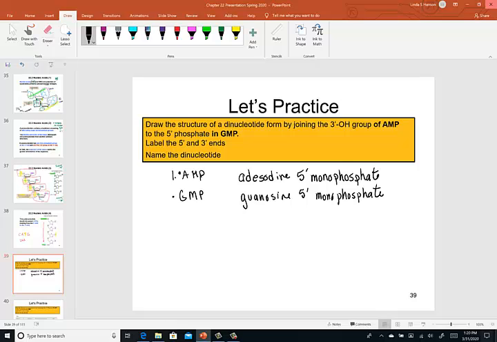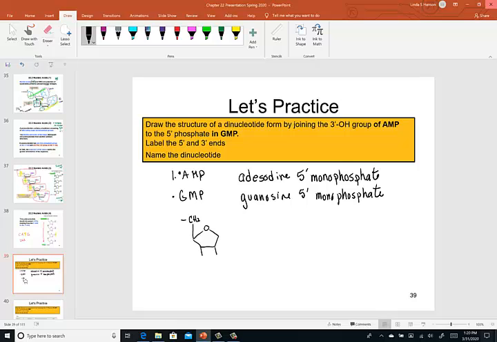So I am going to take the AMP, and let's just start by drawing the 5-carbon sugar. 1, 2, 3, 4, 5. That's a 5-sided ring, and then the 5th carbon, of course, comes out here, CH2. Now, let's decide the sugar, okay?